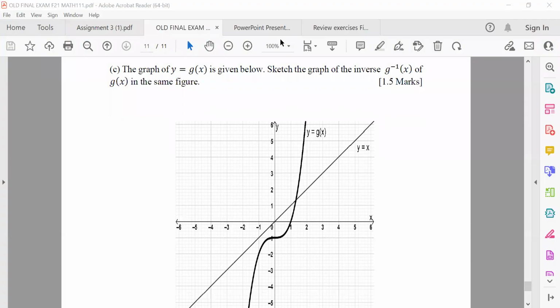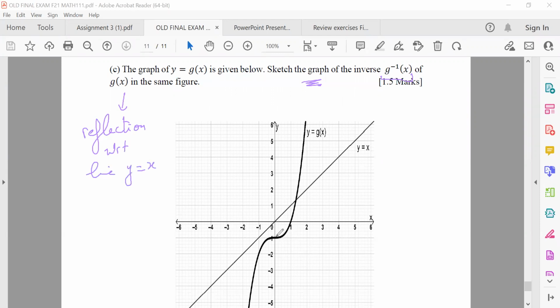Last question of this exercise is about the graph of the inverse function, G inverse. So we have the function G, and to sketch the graph of the inverse function of G, knowing G in the same graph, now we have a reflection with respect to the line y equals x.